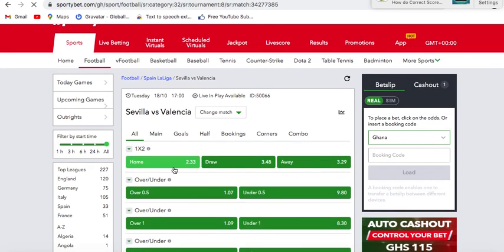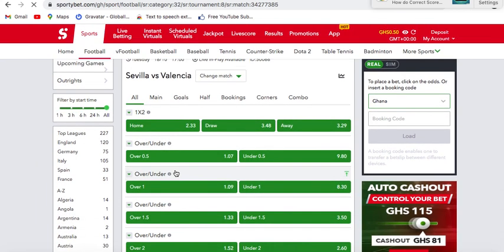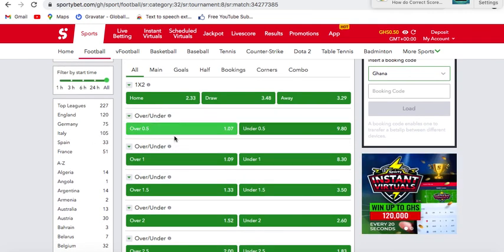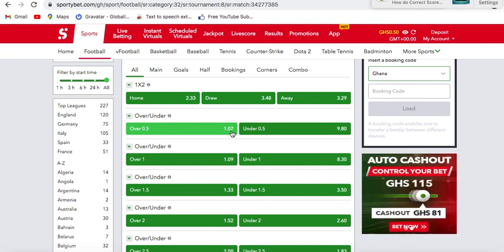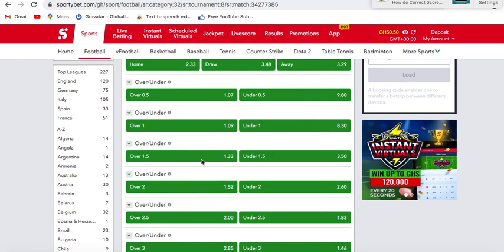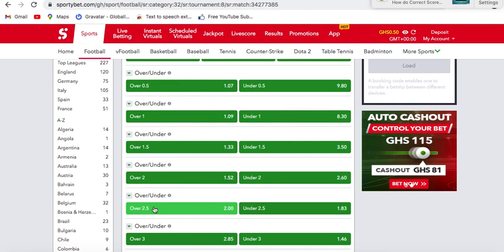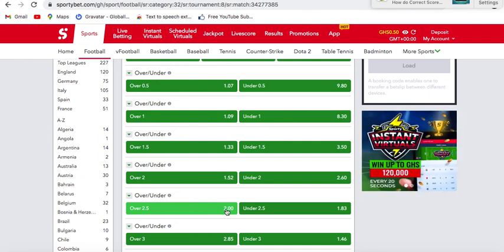So this match too, if you can see their overs and unders, they are having 0.5 goals to happen at 1.07 odds, and 1.5 goals to happen at 1.33 odds, and then 2.5 goals to happen at 2.00 odds.